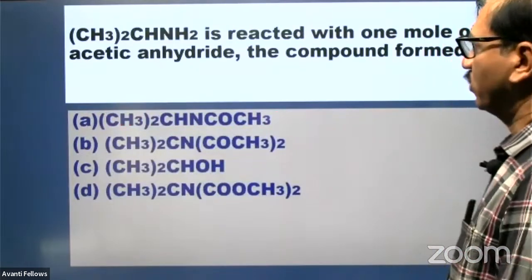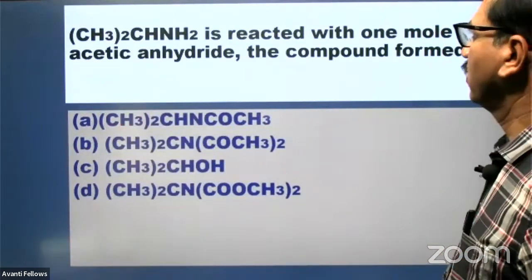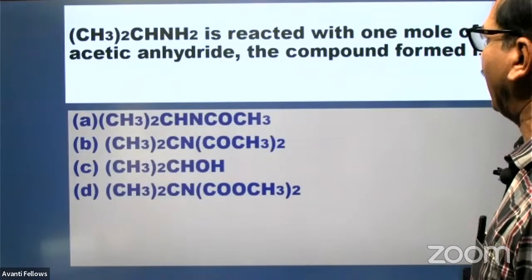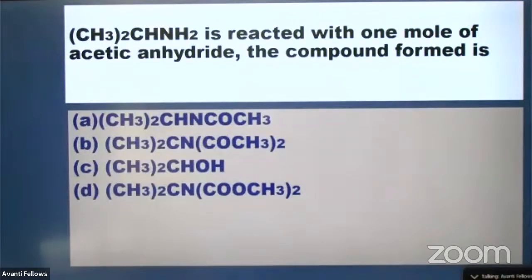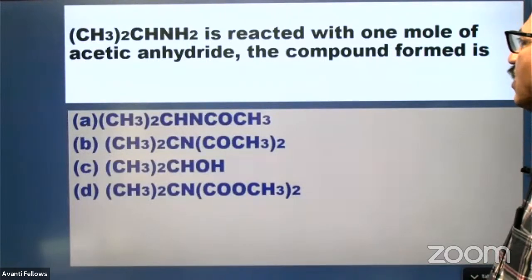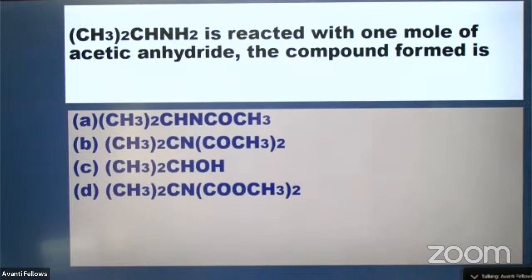(CH3)2CHNH2 is reacted with 1 mole of acetic anhydride. The compound formed is?